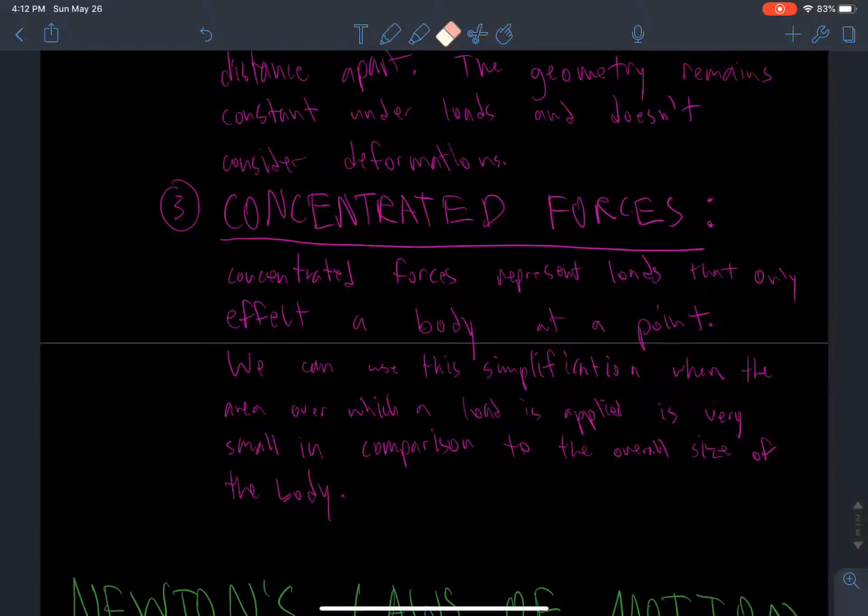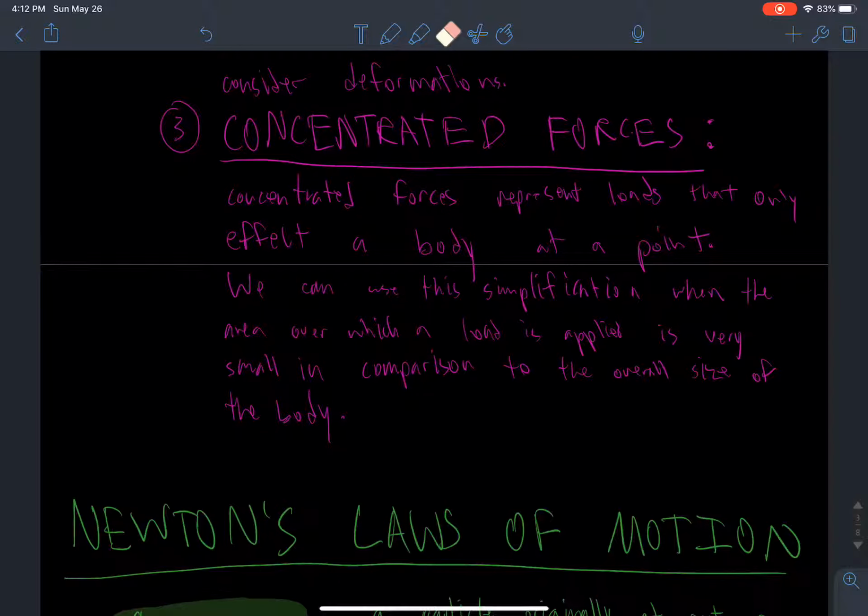What else? The concentrated forces, as I mentioned earlier, they're useful for simplification, and you can really only use them when the area that the force is applied over, like in real life, is small compared to the actual size of the system that you're dealing with.